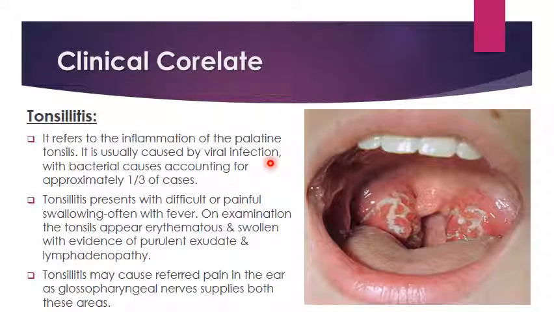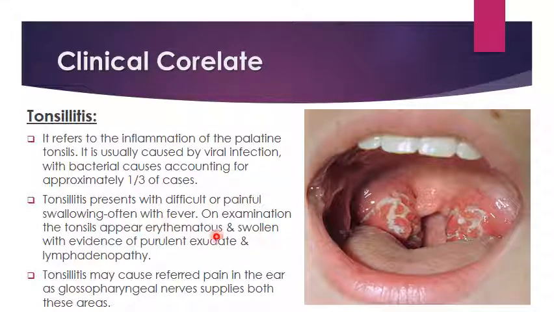Now the clinical correlate. Tonsillitis refers to the inflammation of the palatine tonsils. It is usually caused by viral infection, with bacterial causes accounting for approximately one-third of cases. Symptoms include difficult or painful swallowing, often with fever.